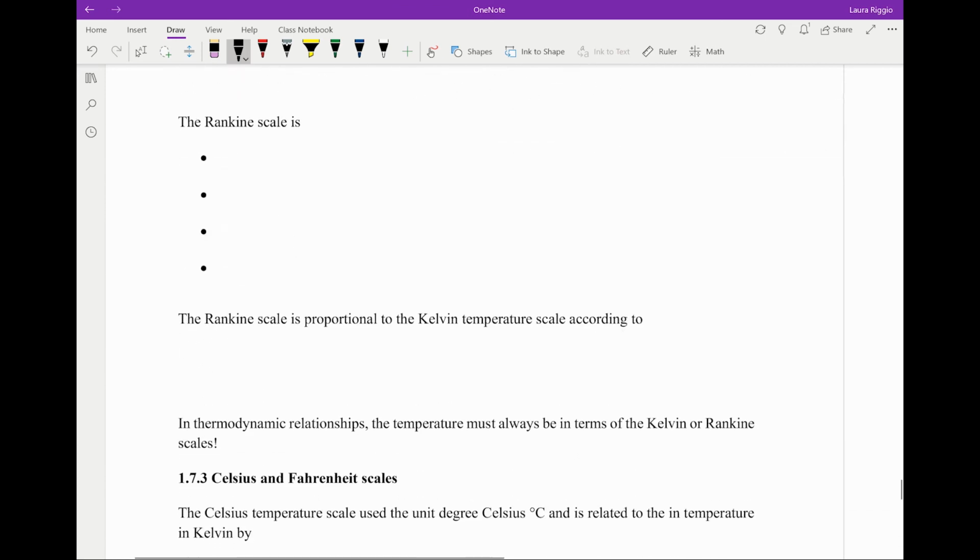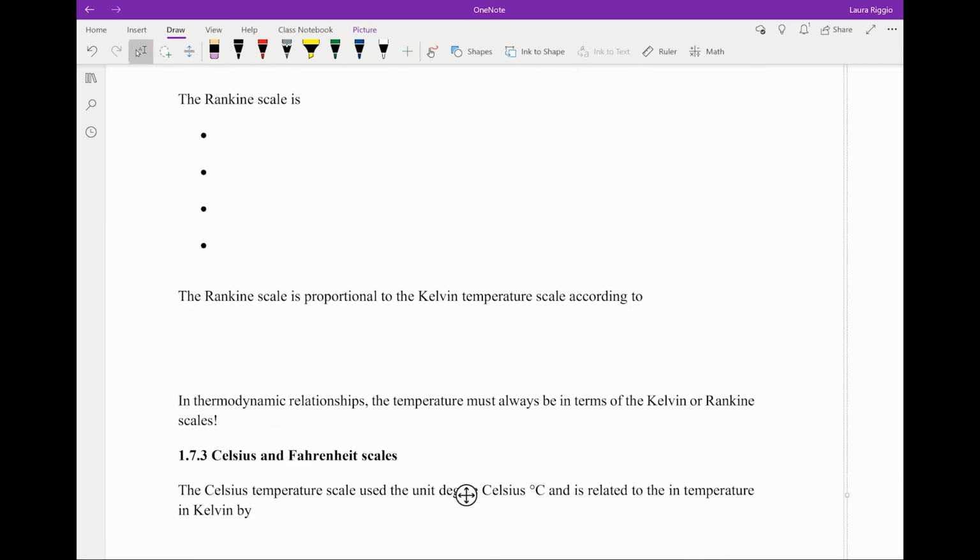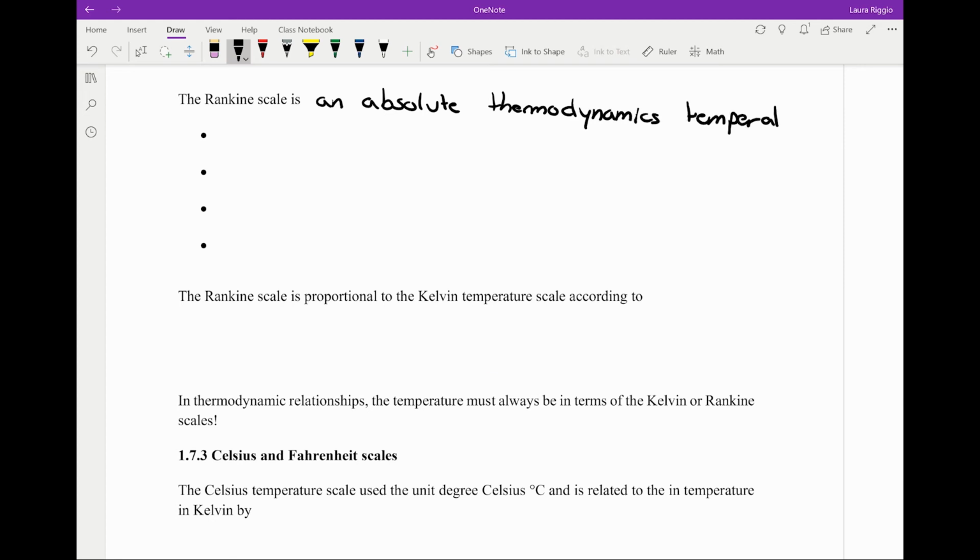So much like we have the Kelvin scale in SI units, we have the Rankine scale in English units. So it's also an absolute thermodynamic scale. The absolute zero of the Rankine scale corresponds to the absolute zero of the Kelvin scale.